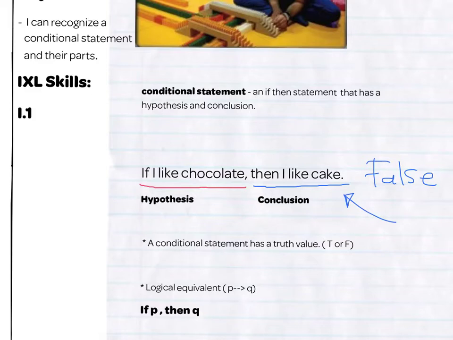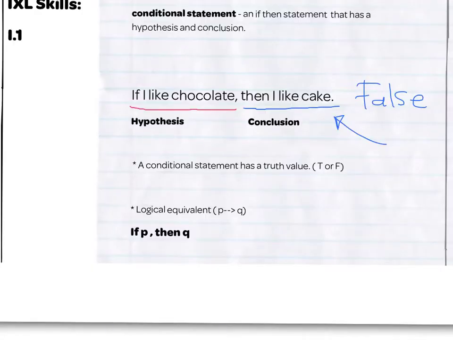So one of the things that we do in mathematics is we have something called a logical equivalent. And that is where we use actual logic symbols to talk about mathematics. So if I were to write the statement that I used before, if I like chocolate, then I like cake, I could also use its logical equivalent, which would be if P, then Q. Where if I like chocolate would be P, the hypothesis, and then I like cake would be Q, the conclusion.